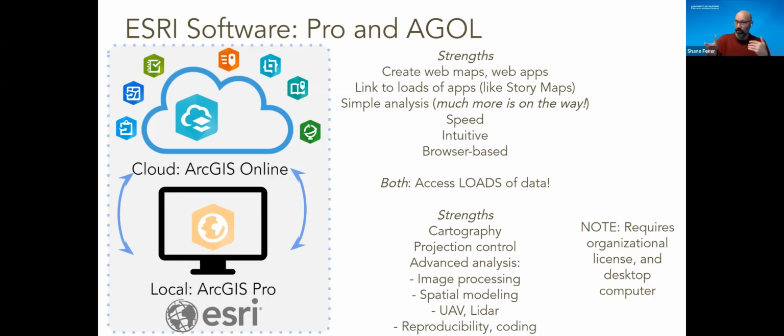If you have questions, please follow up after with some emails and I can help you understand what's available. ArcGIS Online is fast, it's intuitive, and the really important thing is it's browser-based. It can run on a Linux machine, Windows machines, Macs, tablets, phones, anything.